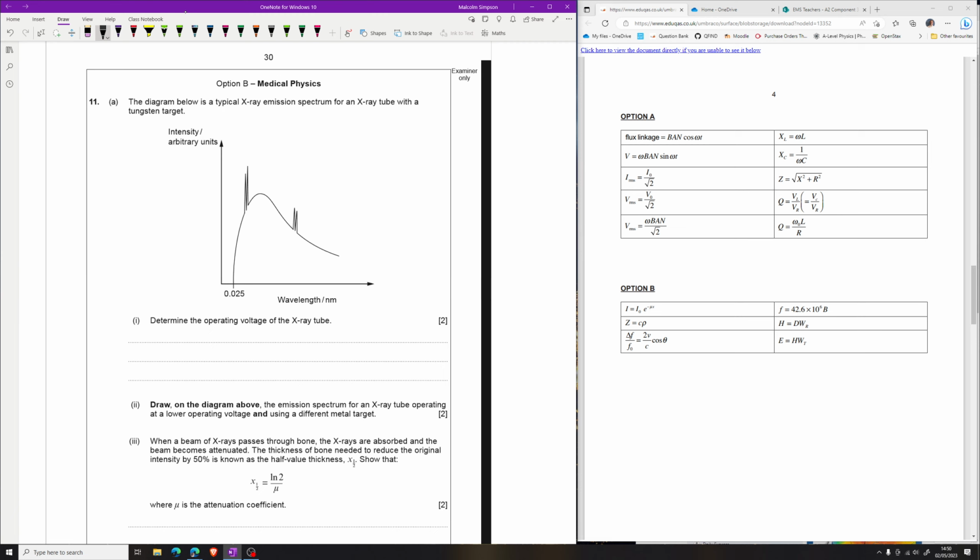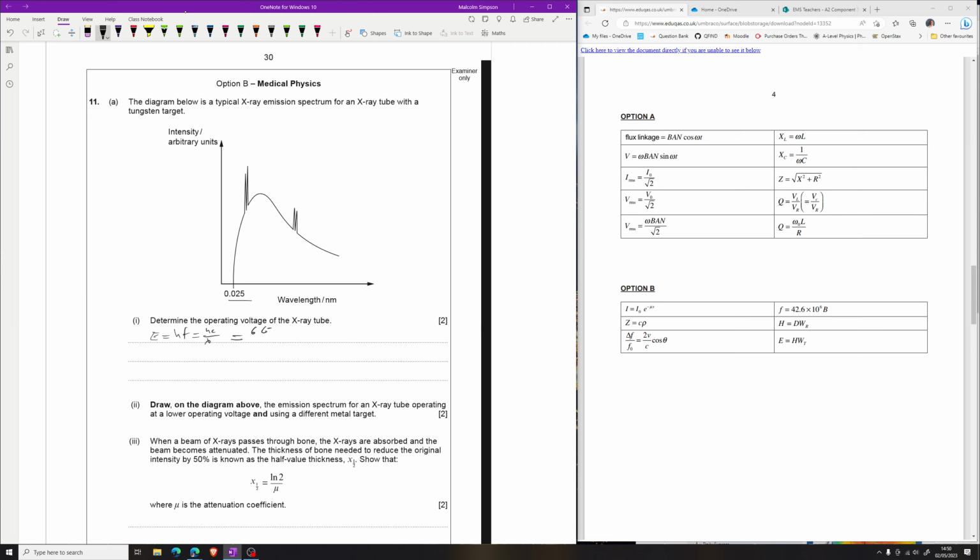So I would have the energy equal to hf, which is hc over lambda. I'll use this wavelength to get the energy of the incoming electrons, and then since we're after an operating voltage, I can divide that by the charge on an electron to get the voltage.